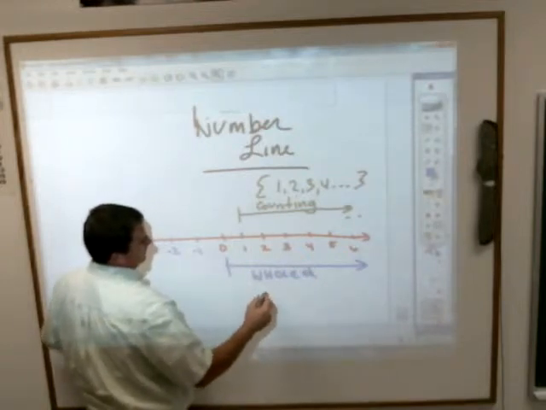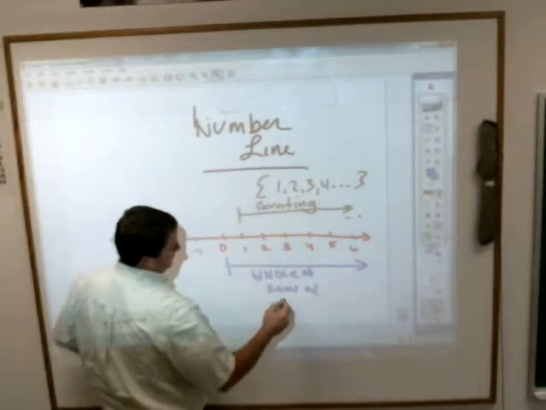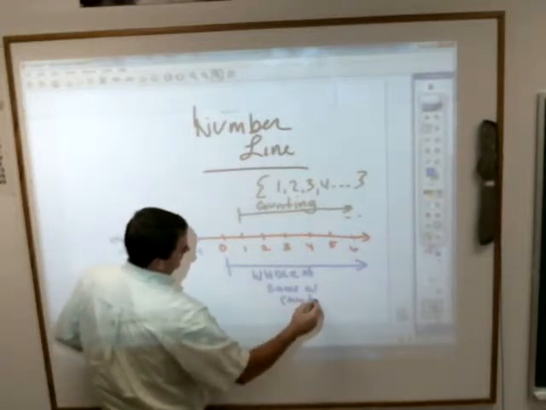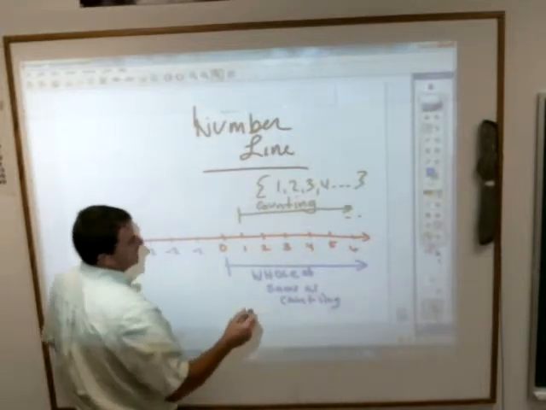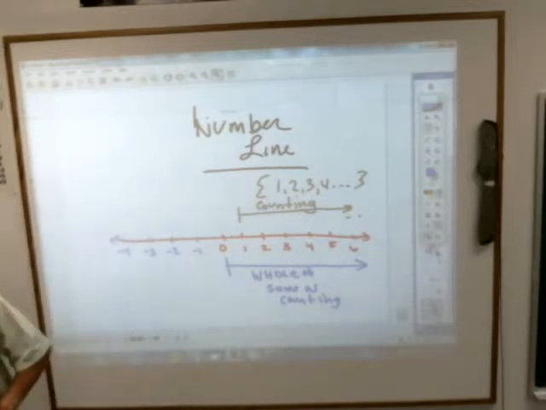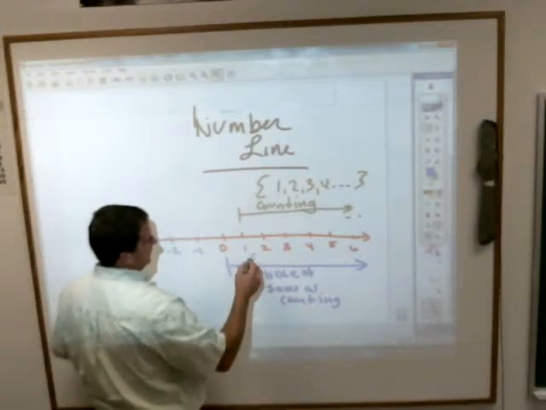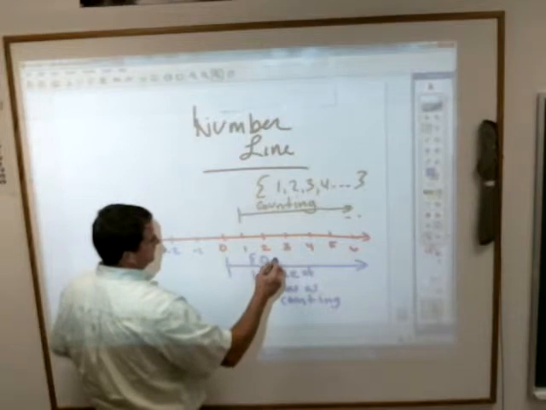Same as the counting, except with a 0. Now it's important to know, when somebody talks about whole numbers, they're not talking about fractions or decimals. Whole numbers are whole numbers, they're the big numbers. Okay? And whole numbers are the exact same thing as counting numbers, except they include 0.